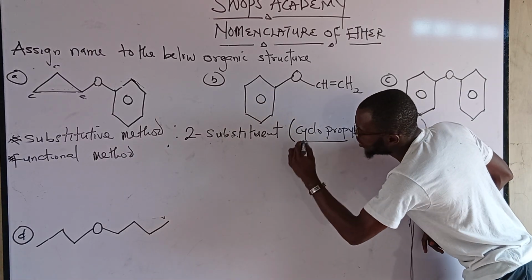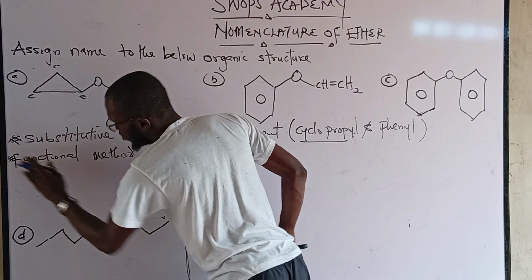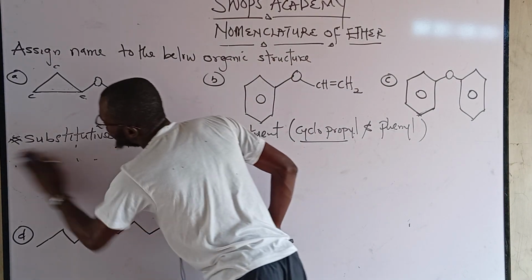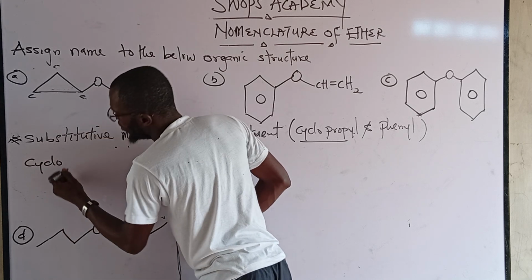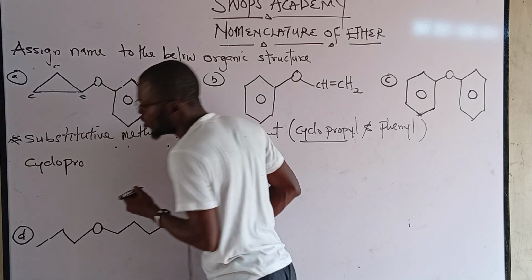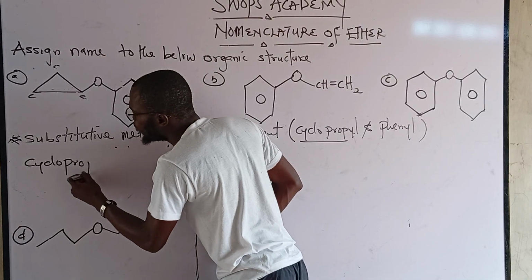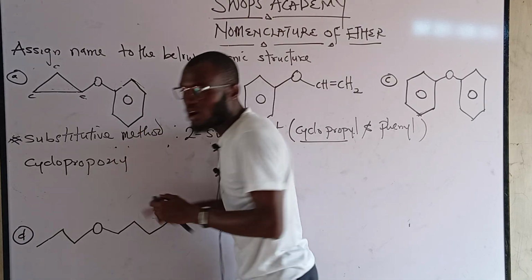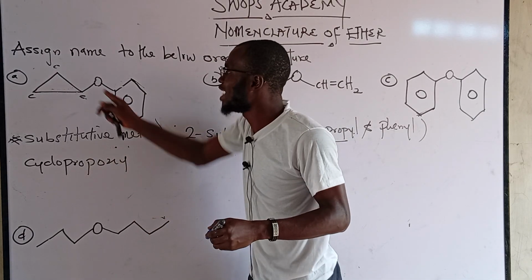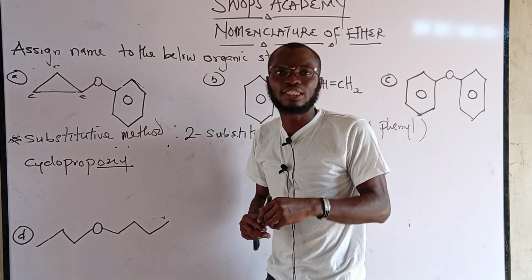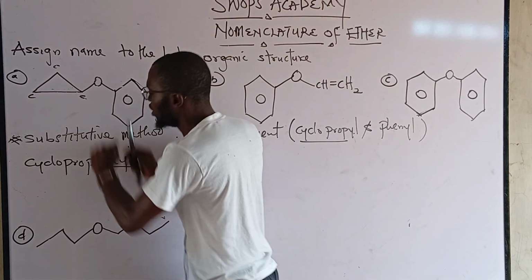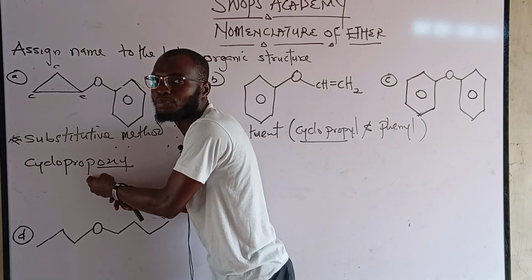If I'm naming this in a substitutive way, it will be what? Cyclo, what do we say? Propyl. Is that not what we say? We now say cyclopropyl. Oxy means what? Oxy means that there is presence of what? Ether there. So whenever you see oxy, it means ether, oxygen is attached to this cyclopropyl.